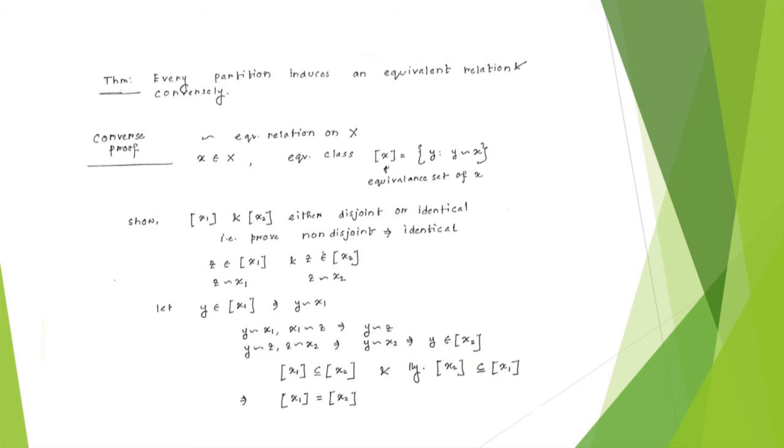This collection of elements we call box x, and these sets form the partition of the whole set capital X.